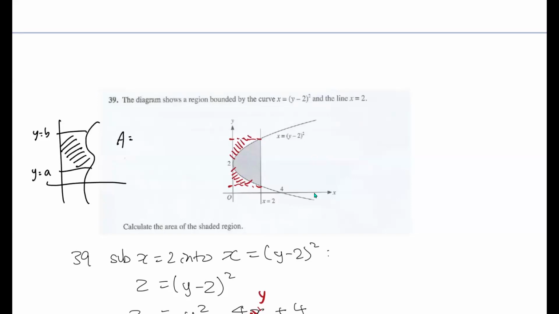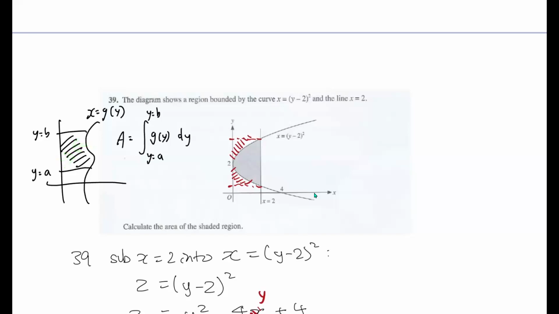That area is equals to, if this is x equals f of y, integral of f of y dy from y equals to A to y equals to B. Okay, maybe I call this G. You get the area to the left of the curve, but to the right of the y-axis.